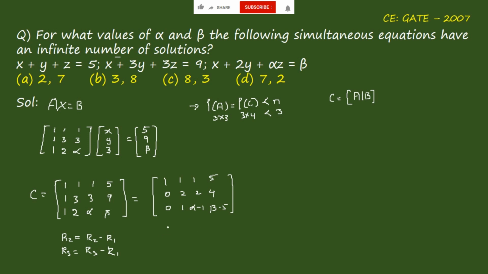Now we'll be dividing R2 by 2. Then the matrix we get becomes 1, 1, 1, 5, and 0, 1, 1, 2, and this is 0, 1, alpha minus 1, and beta minus 5, right?